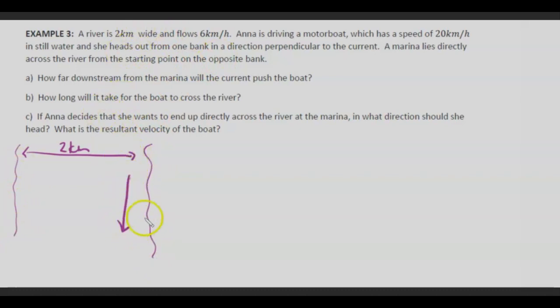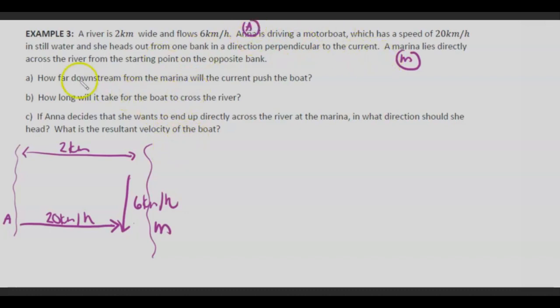So let's go 6 kilometers per hour. The river is flowing. Now Anna is driving a motorboat. So maybe Anna is on this side of the riverbank, and she's driving a motorboat at 20 kilometers per hour. And right across from Anna, there's a marina. Let's call that M. So M is the marina, A is for Anna.